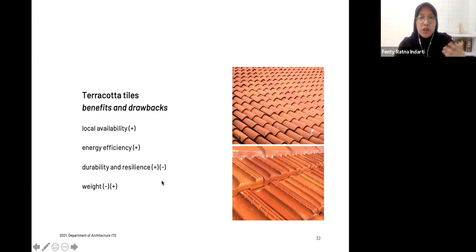But if we are talking about the strength or the rigidity of itself, when you drop it, it will break down. So that's why I mentioned that it is a plus and minus. It can be very beneficial using terracotta tiles because it can be very stiff because it is solid material, but because of the softness of the bond from the particles, when you drop it, then it will break down.